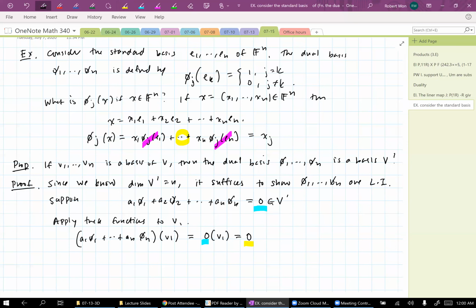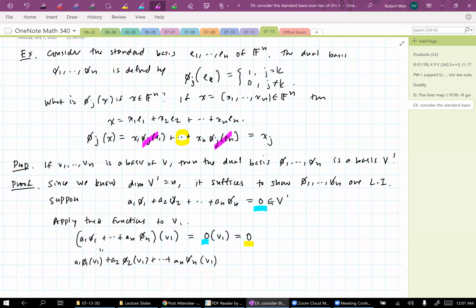Well, what is the left-hand side of this? This is the sum of a bunch of linear maps. So you plug in V1 to each of the functions, and then add up the result. Here you get A1 phi 1 V1 plus A2 phi 2 V1 up through An phi n V1.